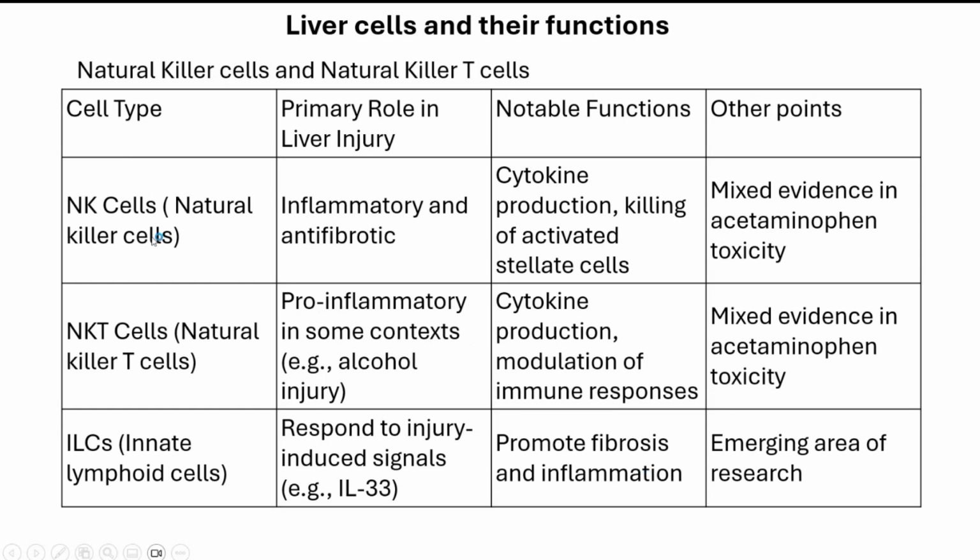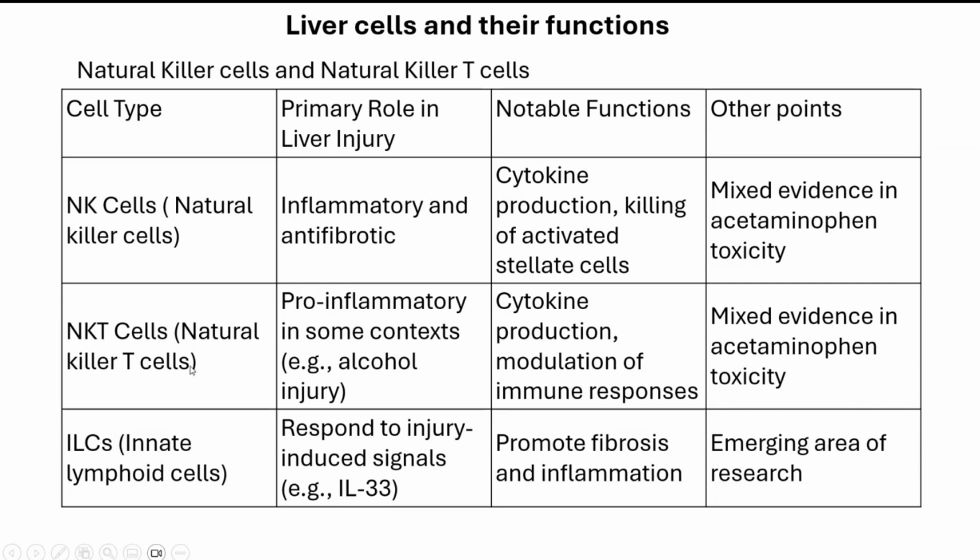So natural killer cells and natural killer T cells: I have just tabulated this so that you can get the final summary of it. Natural killer cells have a primary role in inflammation and antifibrosis. Notable functions are cytokine production and killing of activated stellate cells. There is mixed evidence in acetaminophen toxicity.